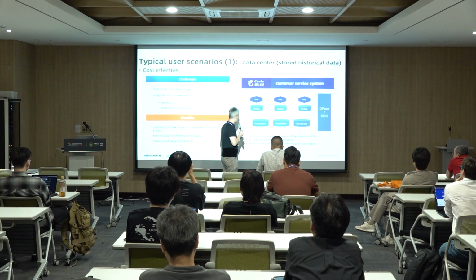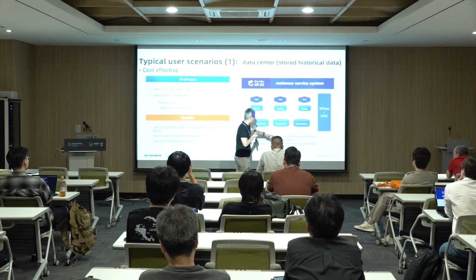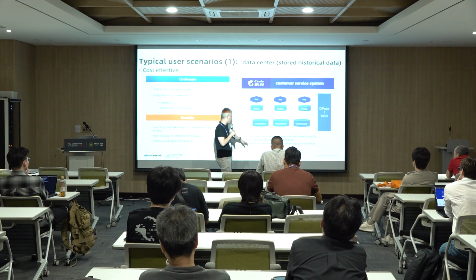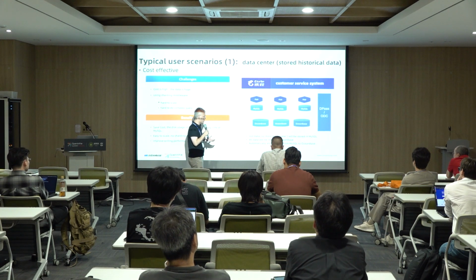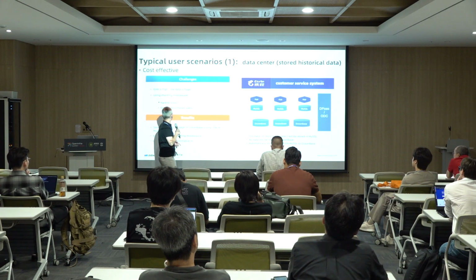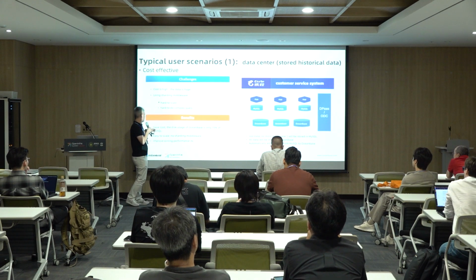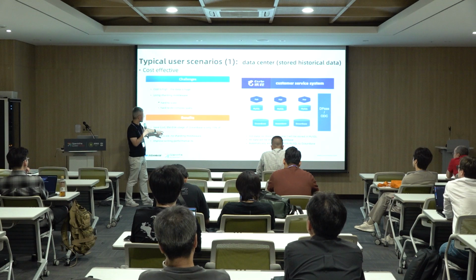We provided one solution. Store hot data in MySQL and store all data in OceanBase, and automatically archive data from MySQL to OceanBase. They get a lot of benefits such as saving cost.